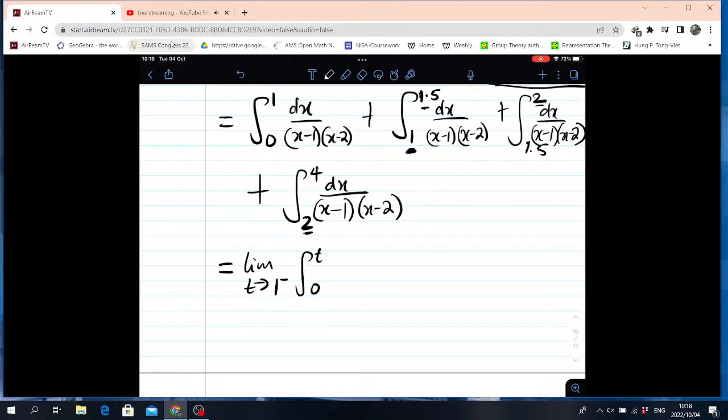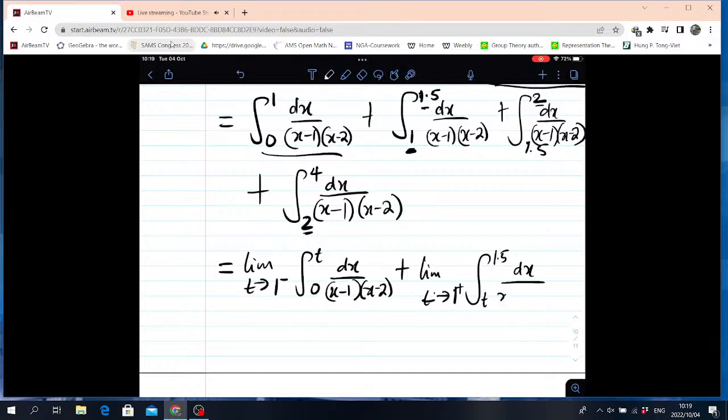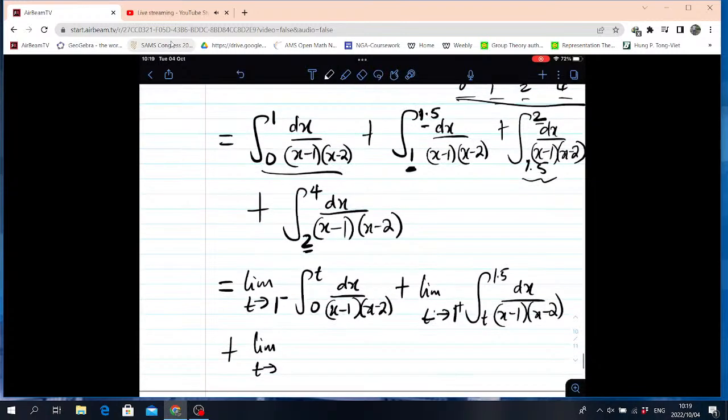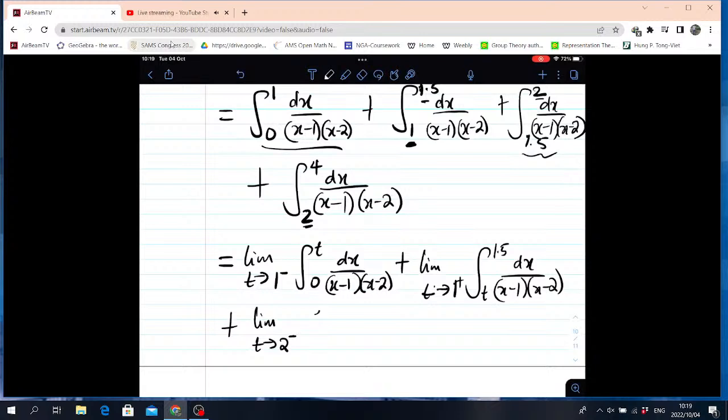So the first one becomes the integral of dx over x minus 1, x minus 2, plus the limit as t tends to 1 from the right of the integral from t to 1.5 of that, and then the third one is the limit as t tends to 2 from the left of the integral from 1.5 to t of dx over x minus 1, x minus 2.